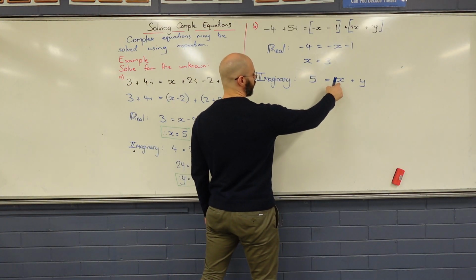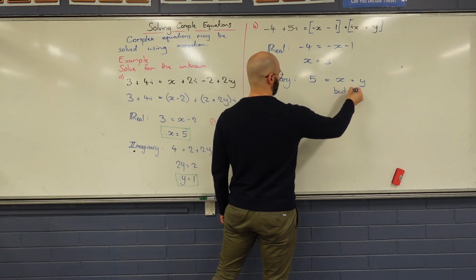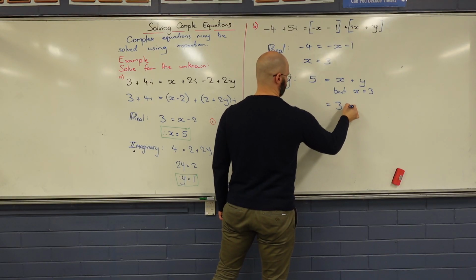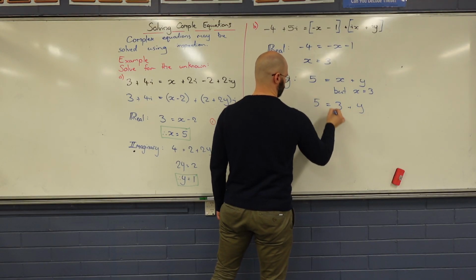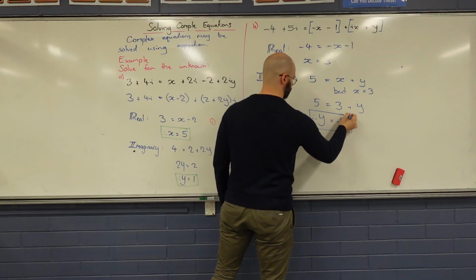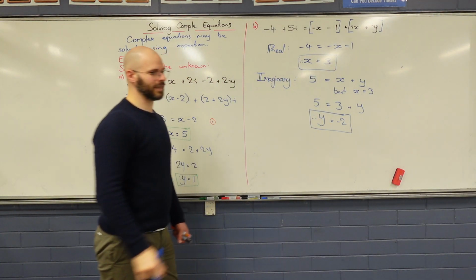Now, do we know what x is? Yes. So we go simultaneous, but x is known to be 3. Comprende?